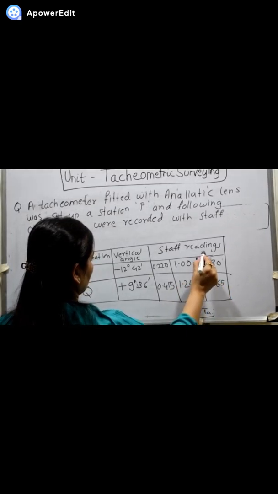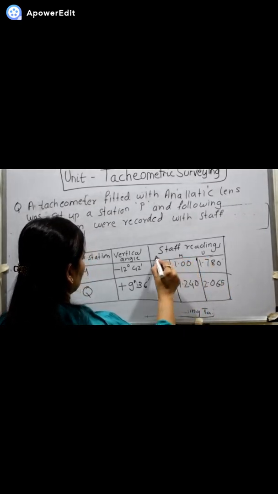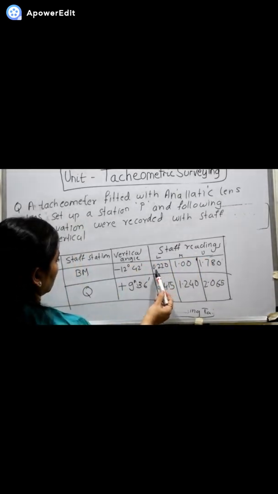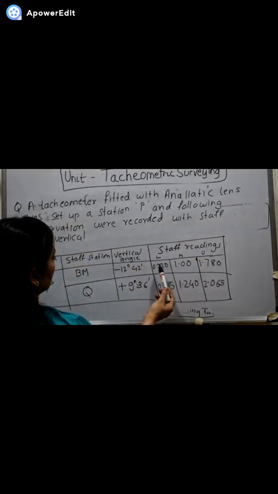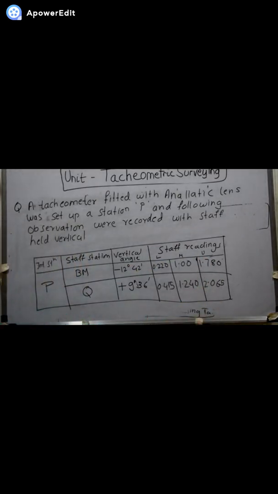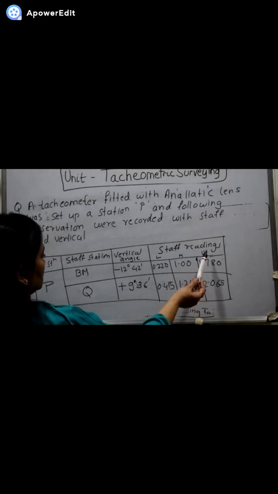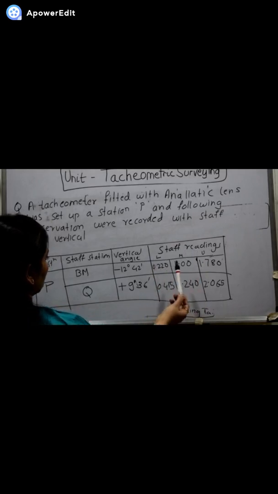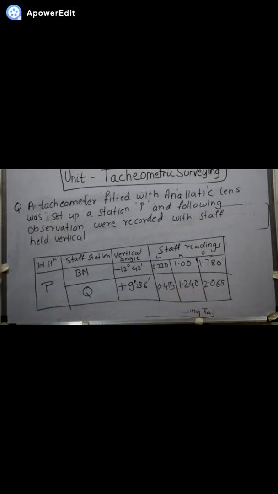This is the upper hair reading, this is the middle hair reading, this is the lower hair reading. The value of the lower hair reading is lowest, the middle hair reading is in between, and the upper hair reading is higher. Whichever value is higher is the upper hair reading, whichever is lower is the lower hair reading, and the value between these two is the middle hair reading.